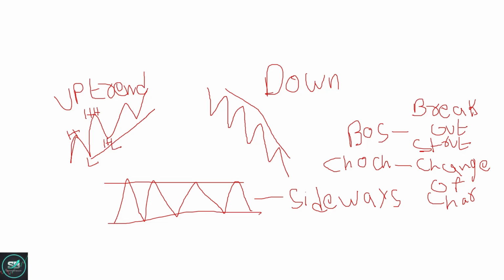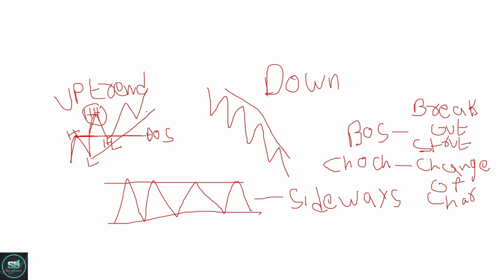So when price breaks its previous high here and makes a new high, which is a higher high, this break is called a BOS, which stands for break of structure. And price is moving in higher highs and higher lows.